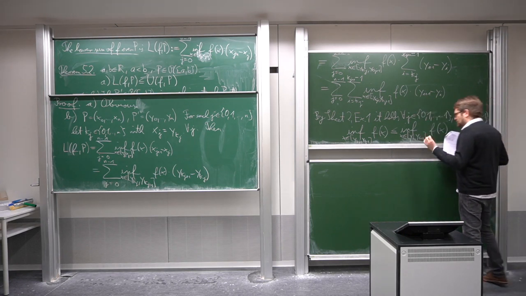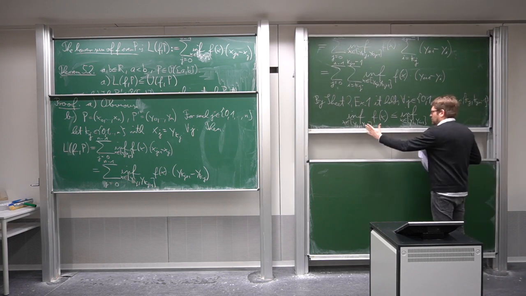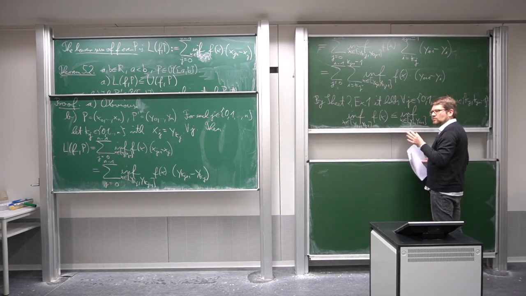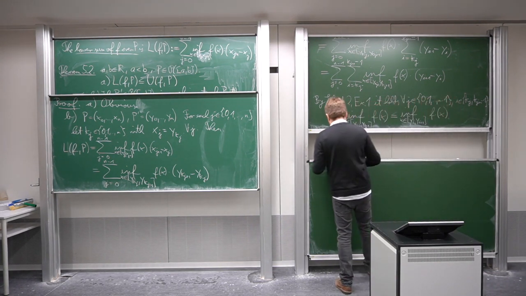If we take the infimum over a smaller set, it might become bigger. In the same way, if we had the supremum and took a smaller set, the supremum could become smaller or equal, but not bigger. But this is the general inequality that holds for the infimum.